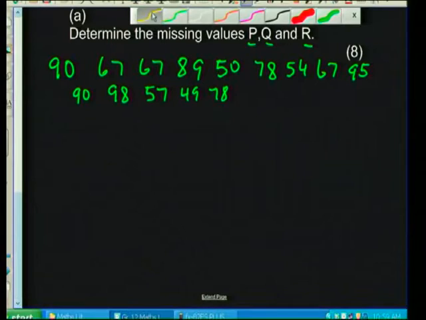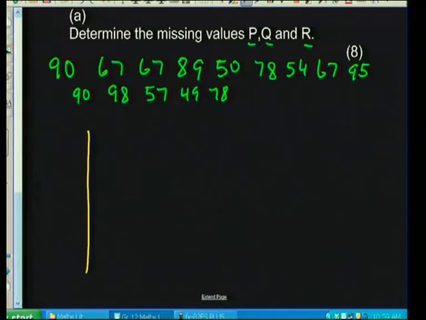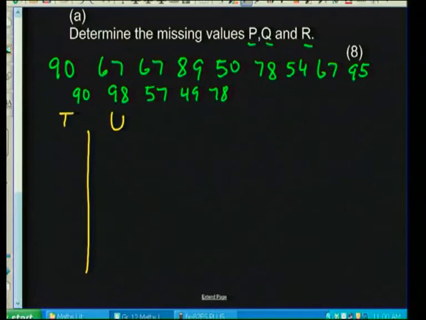But just remember, count the number of values you start with and count the values you have once you've ordered it, and make sure that those are the same. So I'm going to show you how to use a stem and leaf graph, but I'm just going to check first. I've got 2, 4, 6, 8, 10, 12, 14 values, and I knew there were 14 values. My stem and leaf goes as follows. My tens are going to go into this unit, and my units are going to go into that part, the leaf part.